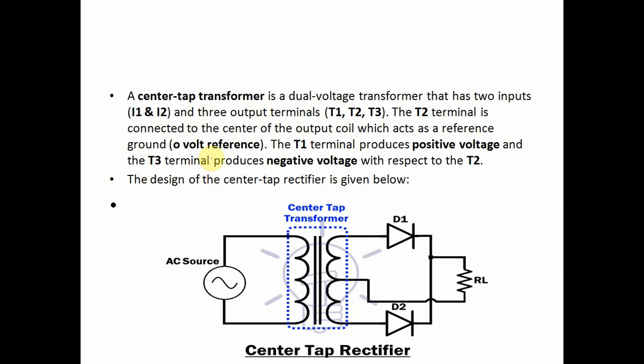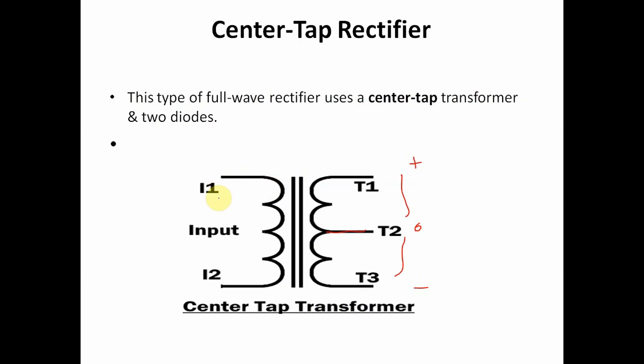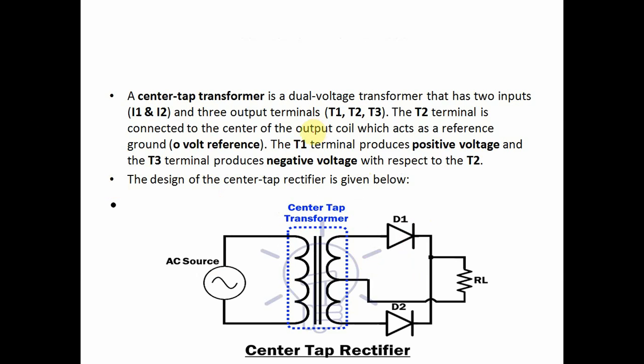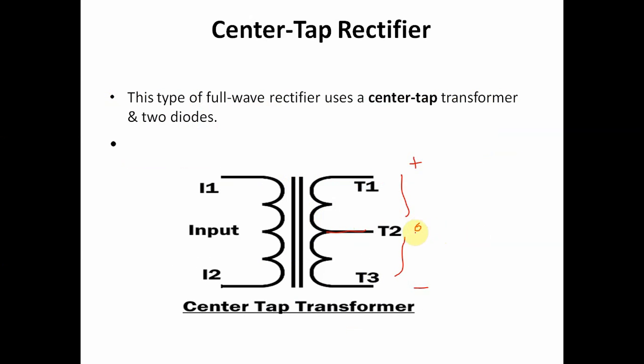See here, a center tap transformer is a dual voltage transformer that has two inputs I1 and I2 and three outputs T1, T2 and T3. The T2 terminal is connected to the center of the output coil, which acts as a reference ground or 0 volt reference.